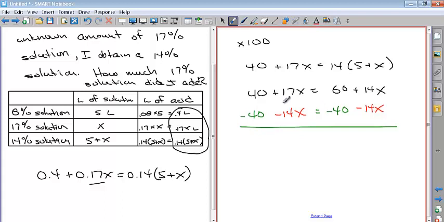Then we add the two together. You get 3x is equal to 20, or x is equal to 20/3 liters. So 20/3 is greater than 5, a little less than 7. That's because 14 is closer to 17 than to 8.